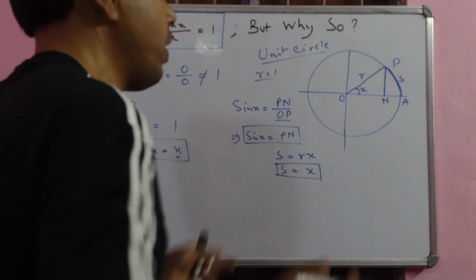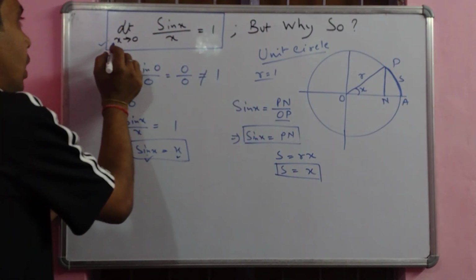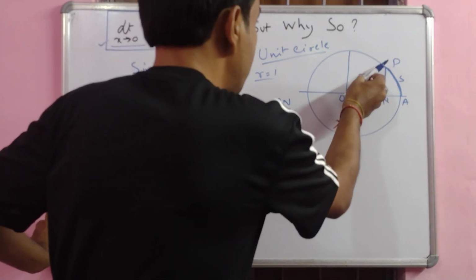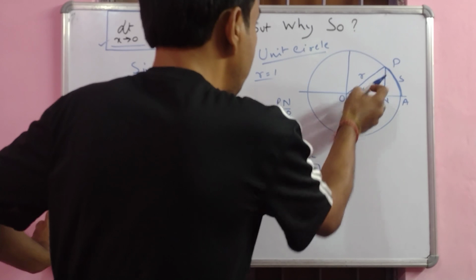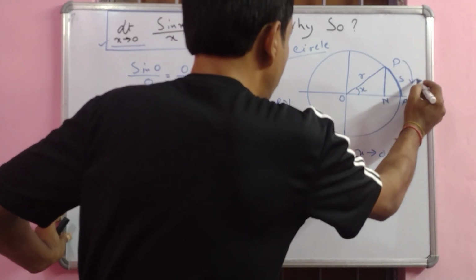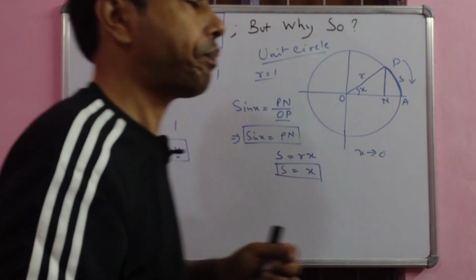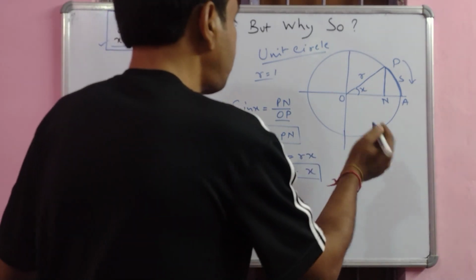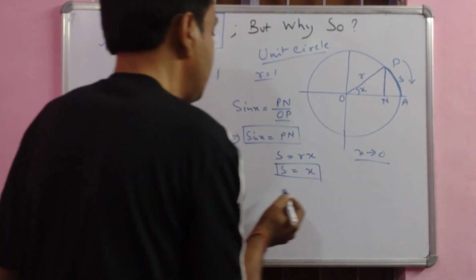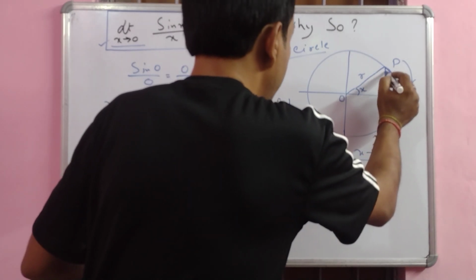Now here is the concept. If x tends to 0, I mean the angle is smaller and smaller, then P moves toward A. So the concept is when x is smaller and smaller, sin x is equal to x.